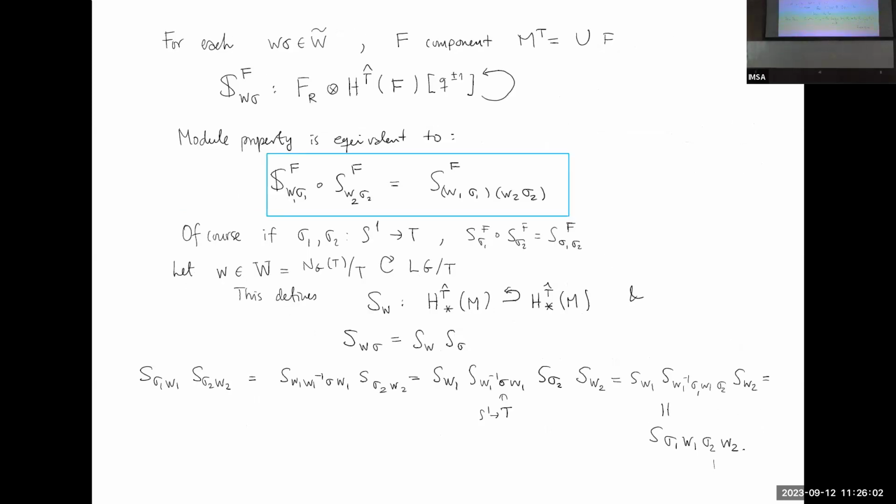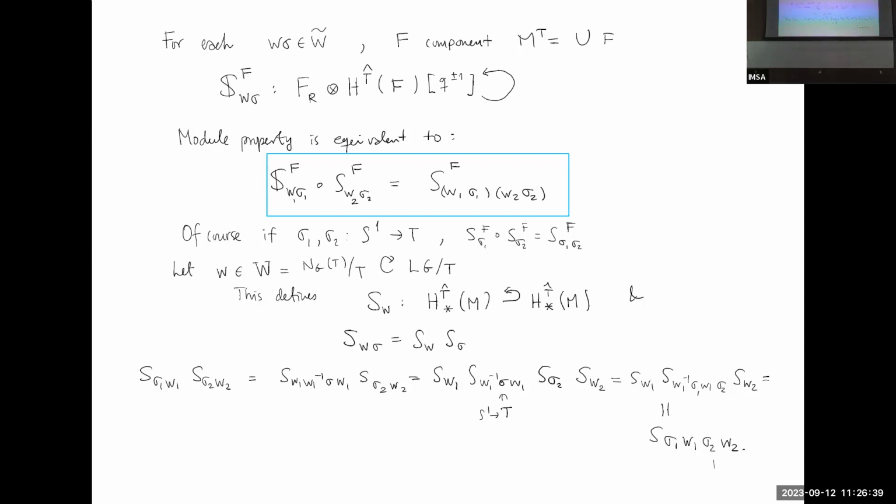And in that case, I want to show that the map that I have, for each fixed point component of M^T, you get an action that comes back to it. How do you reconstruct the whole action? By localization, the whole ring is given by localization, because I'm tensoring with the localized field, the field of fractions.